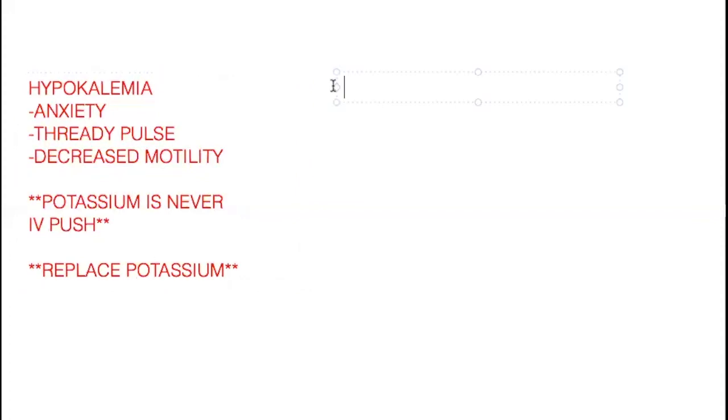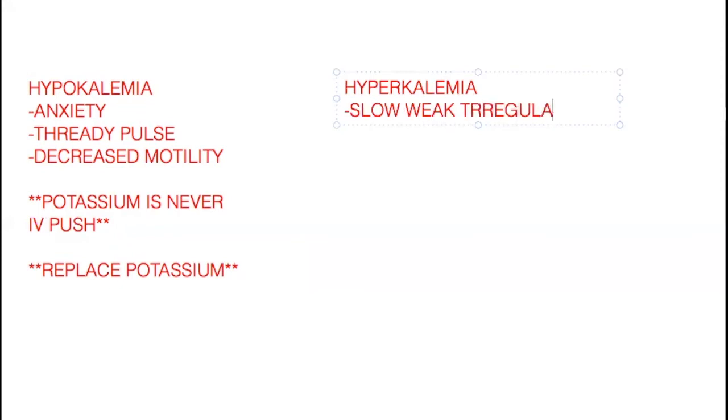Hyperkalemia. In hyperkalemia, you're going to have a slow, weak, irregular heart rate. You're also going to have muscle twitching, diarrhea.